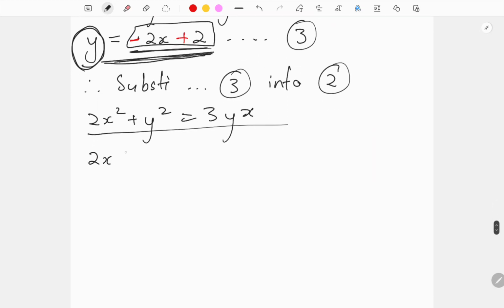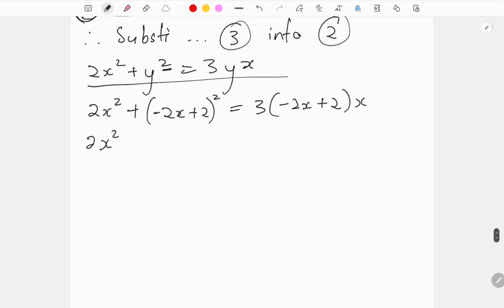Let's go. That is 2x squared plus, this is y raised to the power of 2, into brackets, minus 2x plus 2, all squared, equals 3 into minus 2x plus 2, multiplied by x.